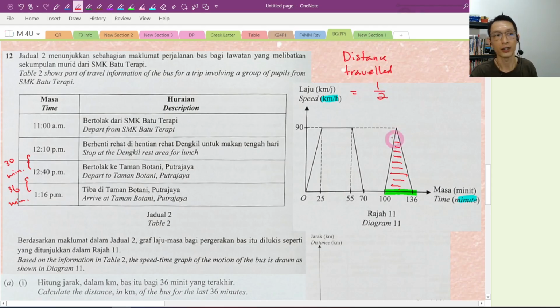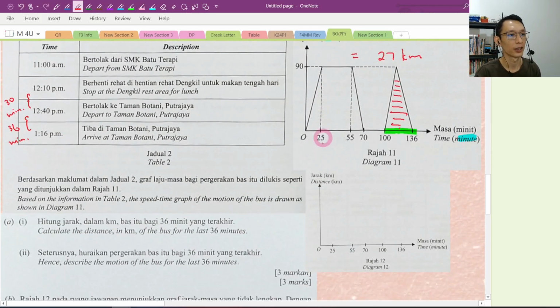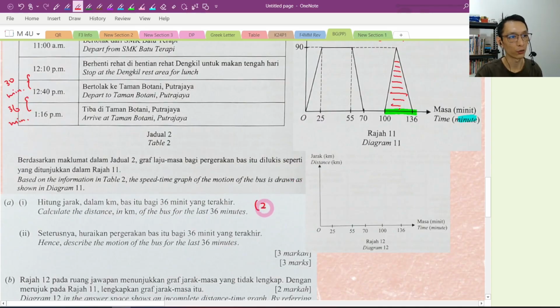To find the area of triangle, start with 1 over 2 time the base. This is 36, but this is in minutes. What we need to do is divide it by 60. Then you will get hours times the height, 90. 0.5 times 36 over 60 times 90. You will get 27 kilometer. Okay, the answer for part 1 is 27 kilometer.